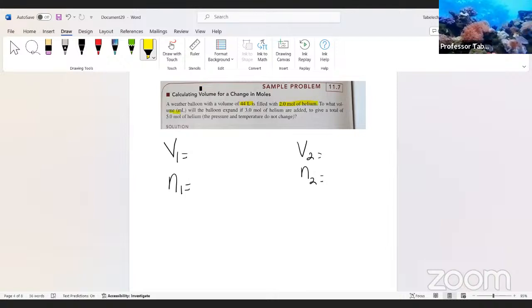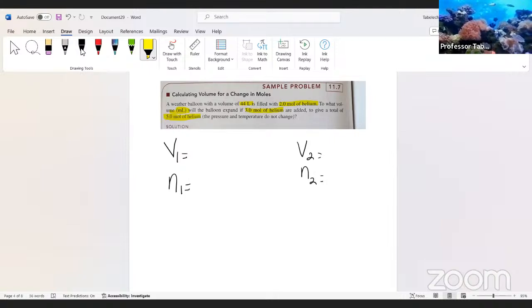To what volume will the balloon expand if 3.0 moles of helium are added, to a given total of 5 moles of helium? The pressure and temperature do not change. So now they're telling you several things in this problem, but you have to make sure that you don't get sidetracked with what they're giving you.